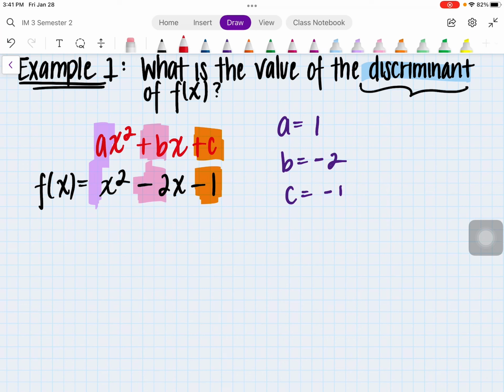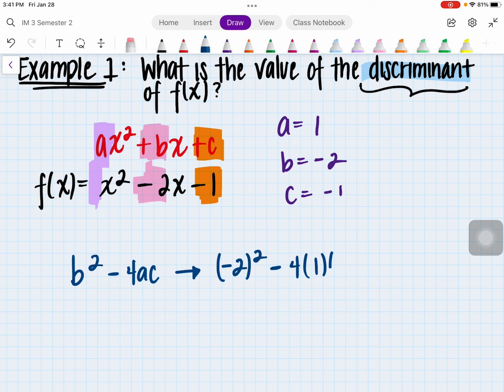All right, now let's go ahead and use the formula for the discriminant again. We have b squared minus 4ac. Wherever we see an a, we'll replace it with the 1, b with negative 2, and c with negative 1. So this is negative 2 squared minus 4 times a times c.